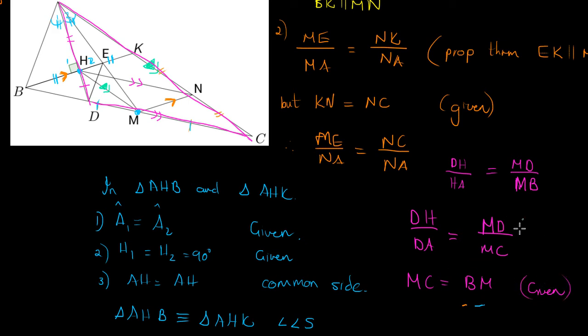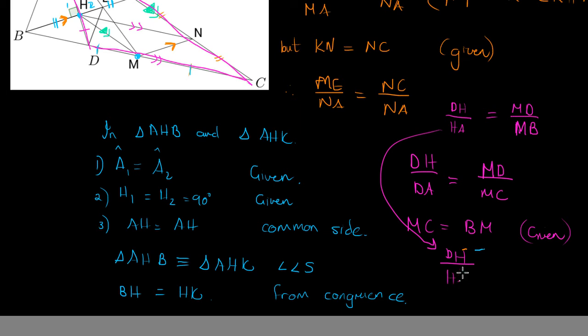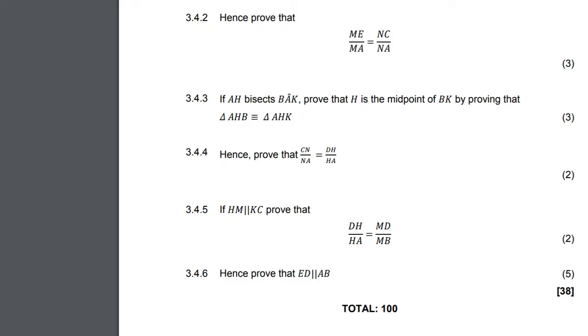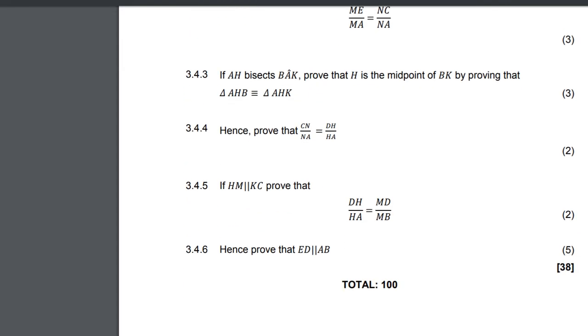And so then we get that. And for lack of space, let me do this. So DH over AH is equal to MD over MC. Great. Oh, this is an incredibly long question. Well, question 3.4 is long.